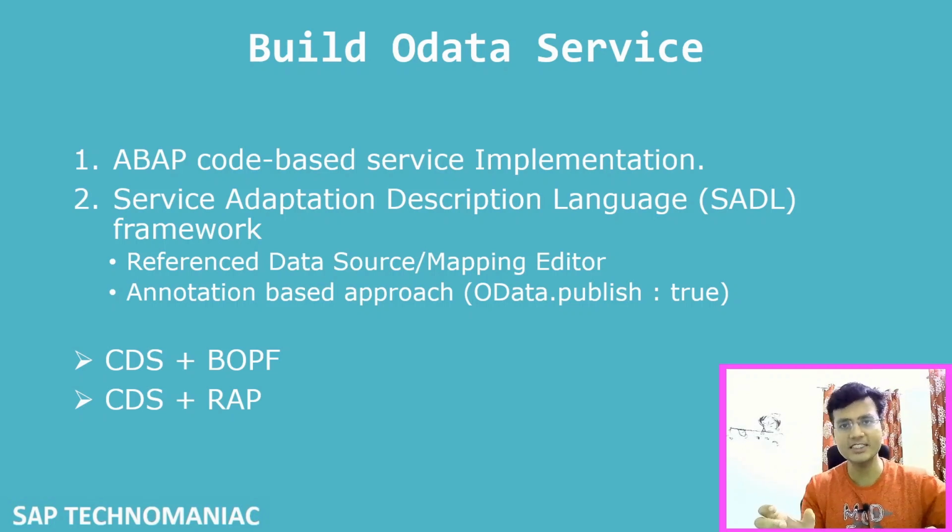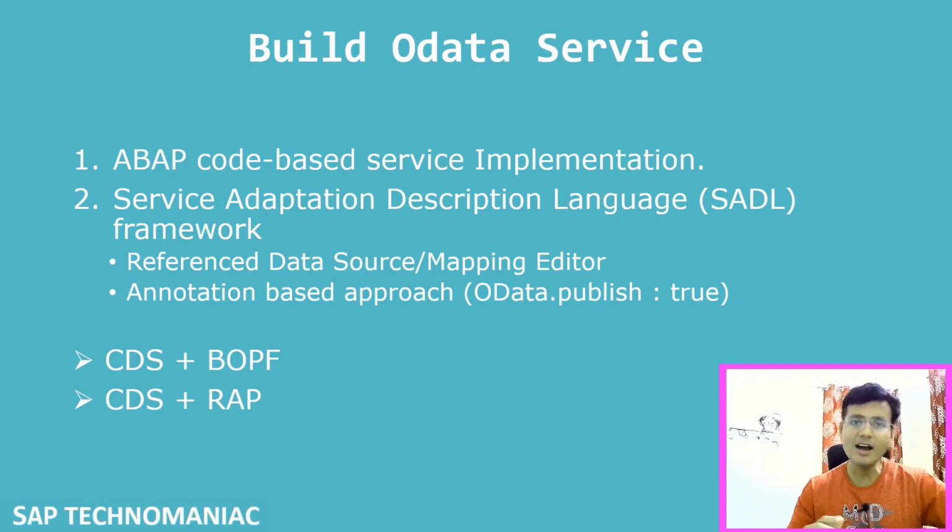Whatever we are doing in SEGW, we are generating the MPC class, DPC class, MPC extension class, and DPC extension class. This is done through ABAP code-based service implementation. We are writing our code manually for each and every query. For example, for filtering, for group by, for ordering, we have written the code to make those query options work. So this is called ABAP code-based service implementation, where we are writing the code in the DPC extension class.